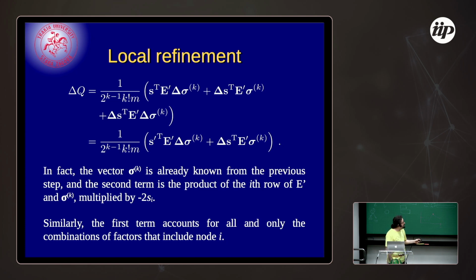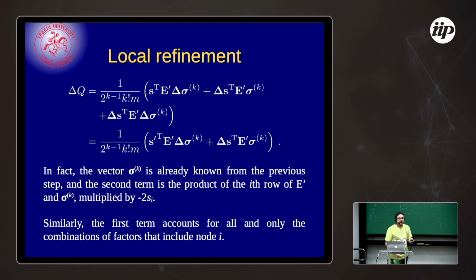So this term here is literally just, because this delta S, the change of S, is literally just the ith row of E times sigma multiplied by minus 2S.